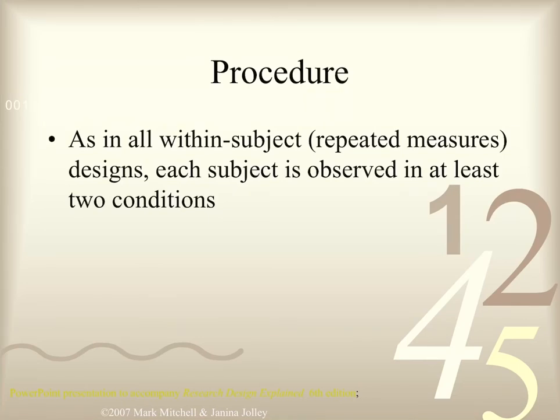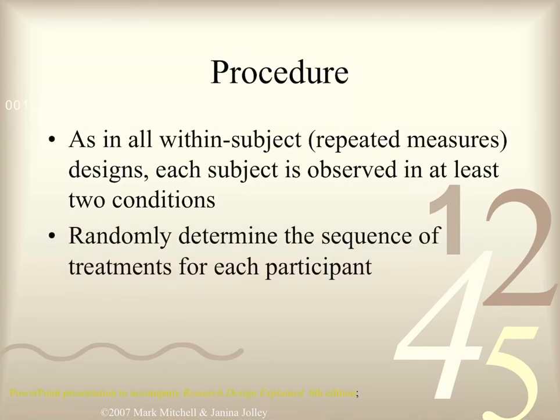But one way to deal with these order effects is to randomly determine the sequence of treatments for each participant. So subject 1, you roll the dice and they get ECT first and Prozac second. Roll the dice again and participant number 2 gets ECT first and Prozac second. Roll the dice and that third participant maybe gets Prozac first and ECT second.